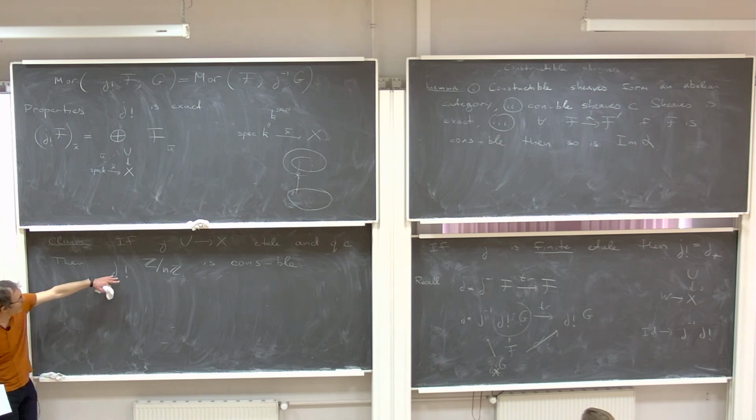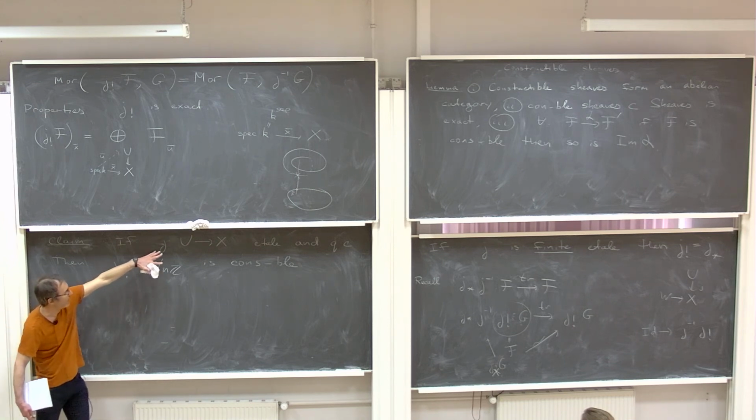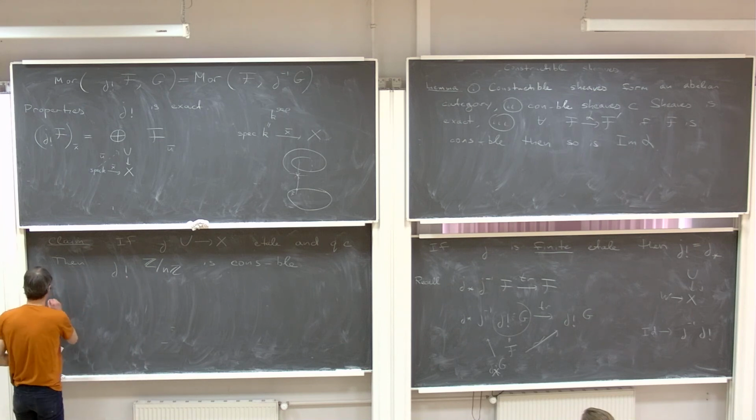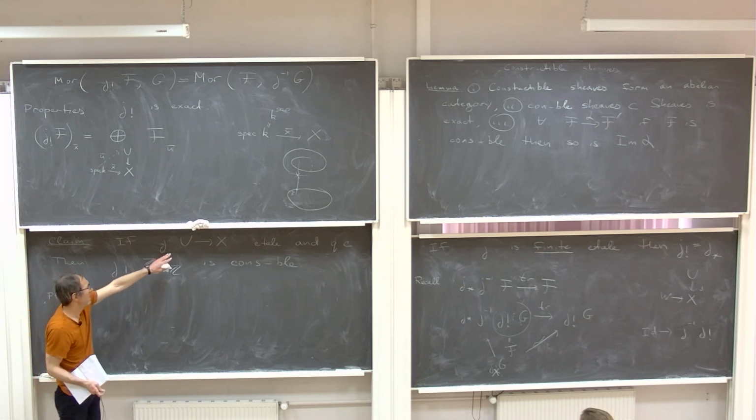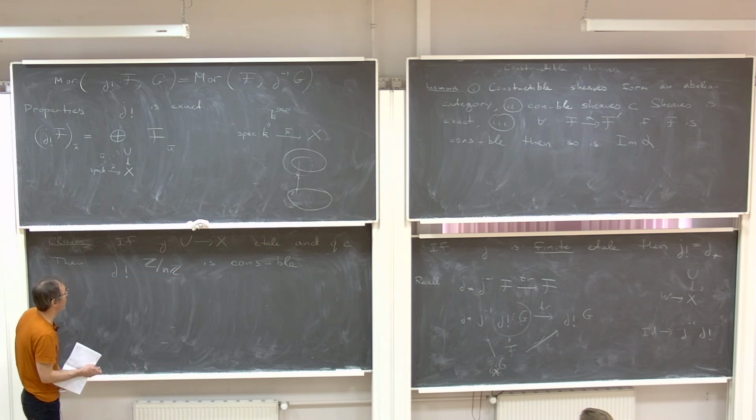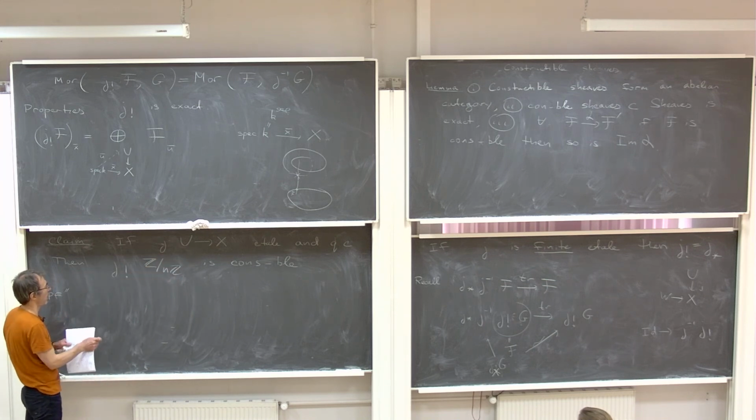So how do you prove that? What do you need to check here? Well, it's not actually a proof; I reduce it to a not difficult statement about étale maps.